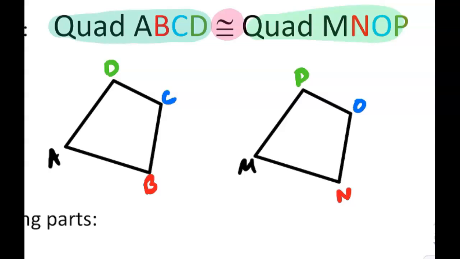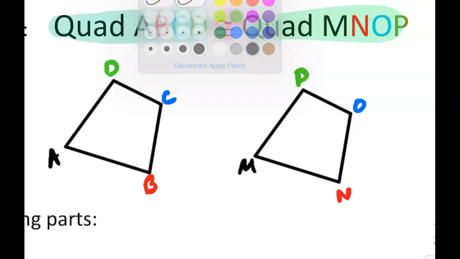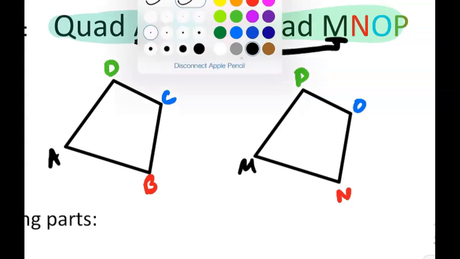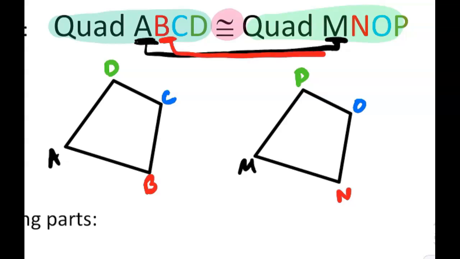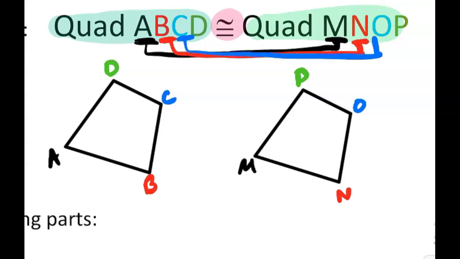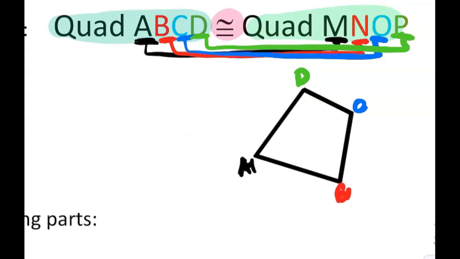We don't write them in colors all the time, just as a good way to introduce it. The reason we did that is because I want you to see that A is related to M, and B is related to N, and C would be related to O, and obviously D is related to P. So if those angles all match up, then those angles are congruent, because it all has to do with, down the road, mapping one onto the other, which this will obviously do, and the colors all match up.